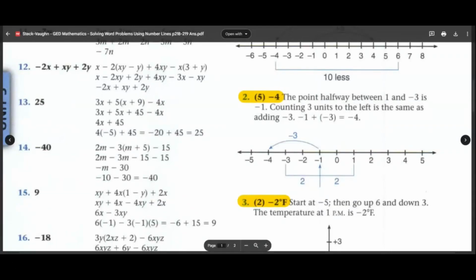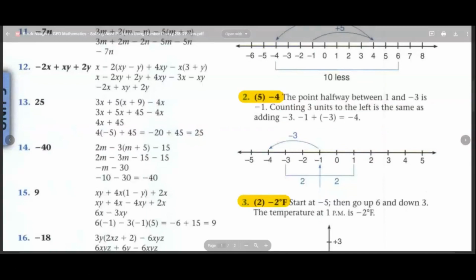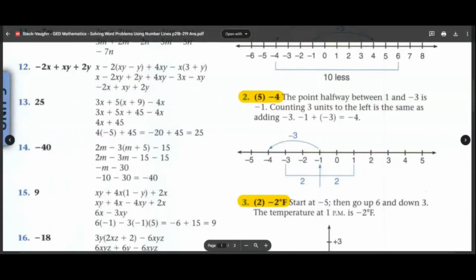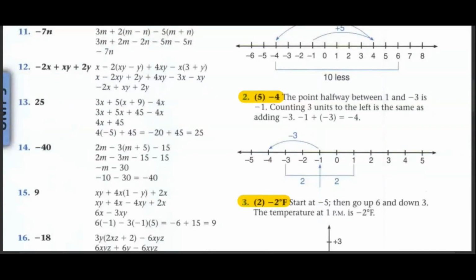So you have to start with the point halfway between 1 and -3.